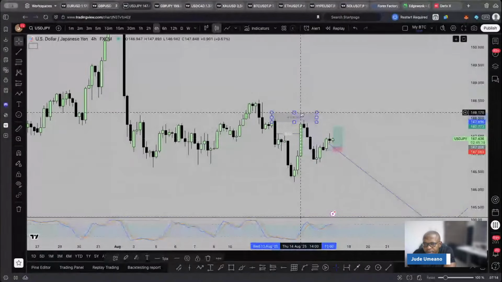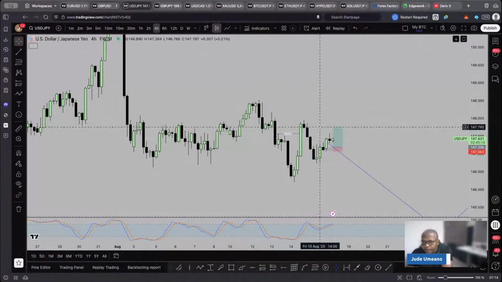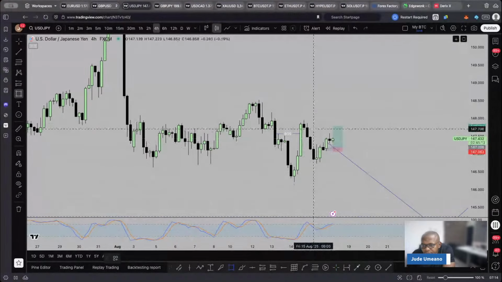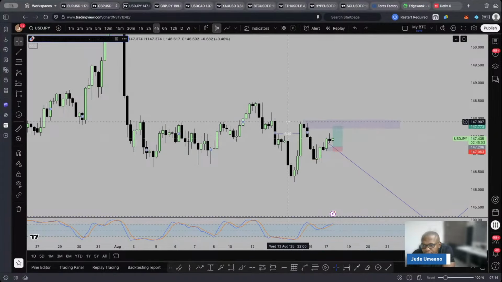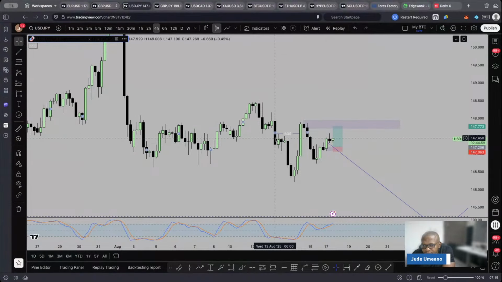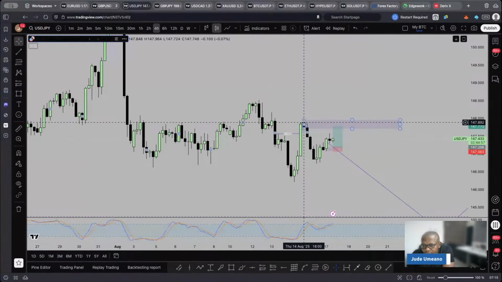Above here, let me just remove this one. Above here, we have a demand zone that's going to be our target. I see this demand zone getting broken. Why? Because we've had a break of this particular zone here to the upside.